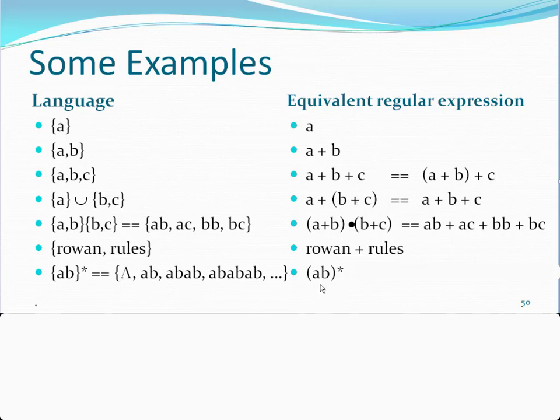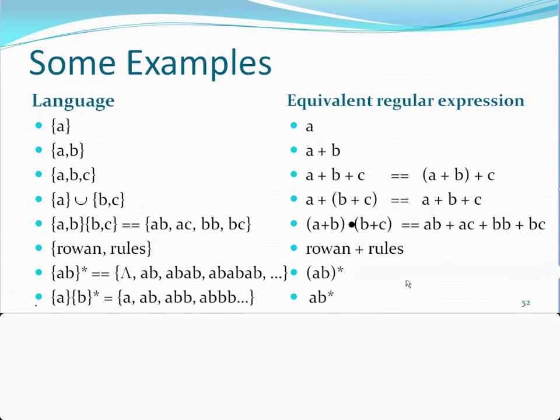Now, one last thing on this slide. It's really important that you recognize that AB star is different from this guy, AB quantity starred versus AB star. The star, think of it like an exponent. It binds very tightly to whatever it's next to.